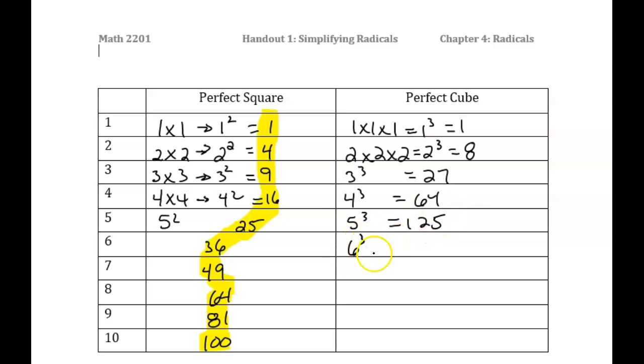And the list itself will continue. 216 and on. You wouldn't be expected to have these memorized, not the full list, but it certainly does help to know the first 6.